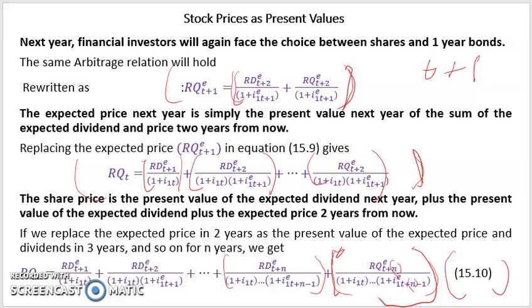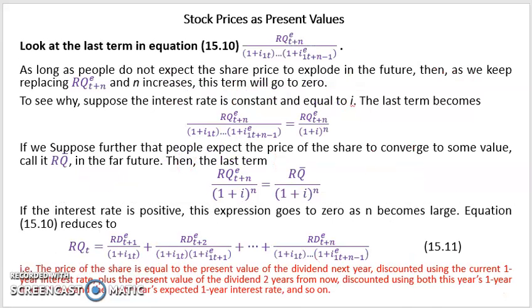As long as people do not expect the share price to explode in the future, then as we keep replacing this part, the expected price at t plus n, and n increases, this will go to 0. To see why, let's suppose that the interest rate is constant and is given by i. Then the last term, which is this term, becomes that.